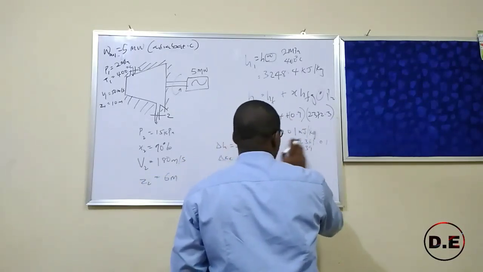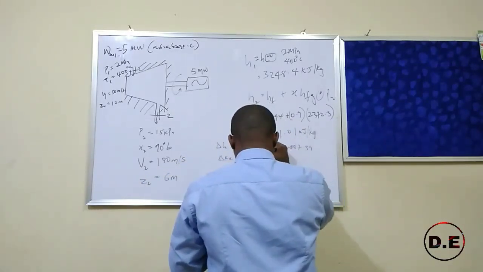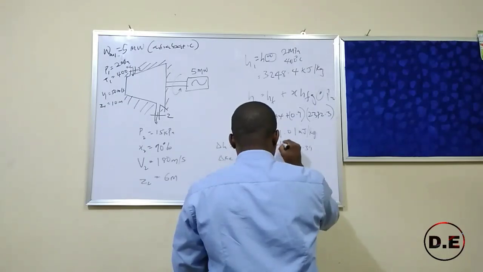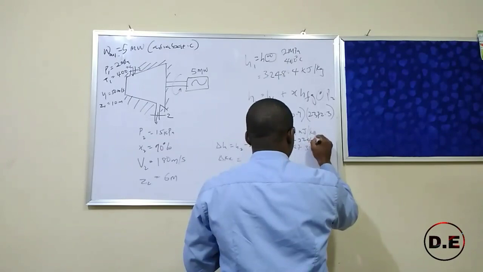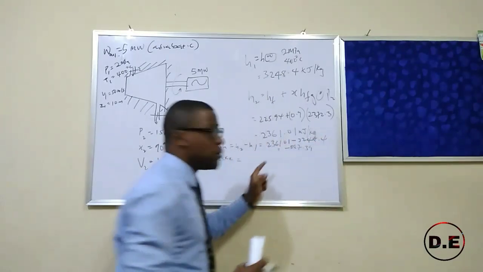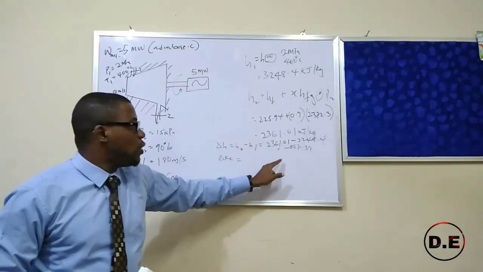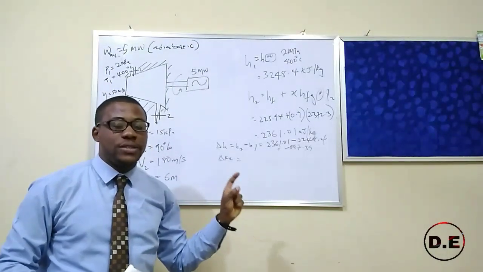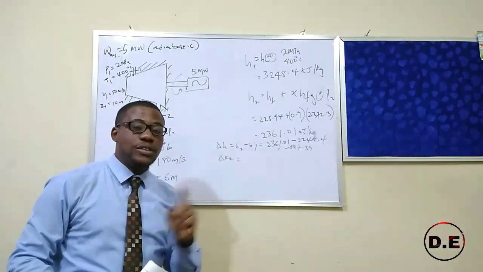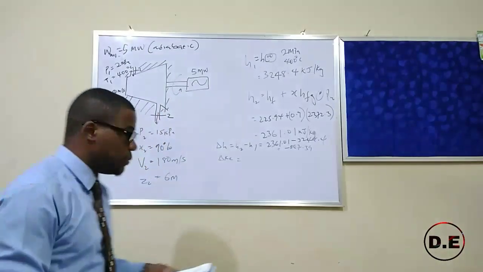So this will be 2361.01 minus 3248.4, so that we can be consistent with signs, because at the end of the day we will be able to know what is happening from the sign we get from the equations.